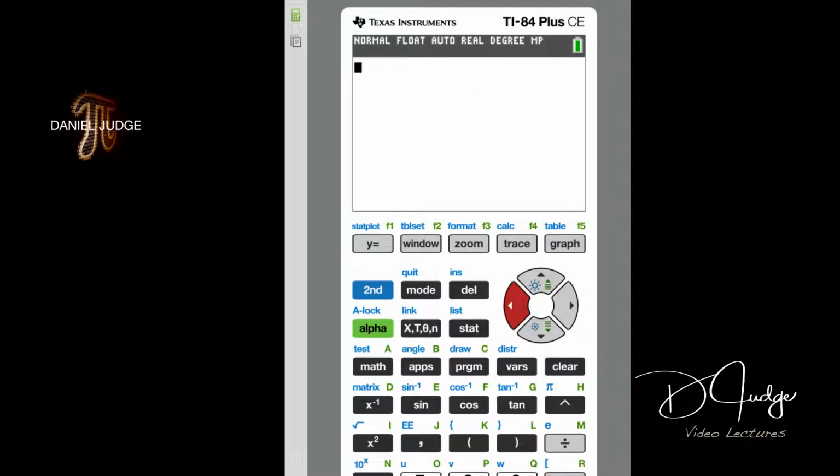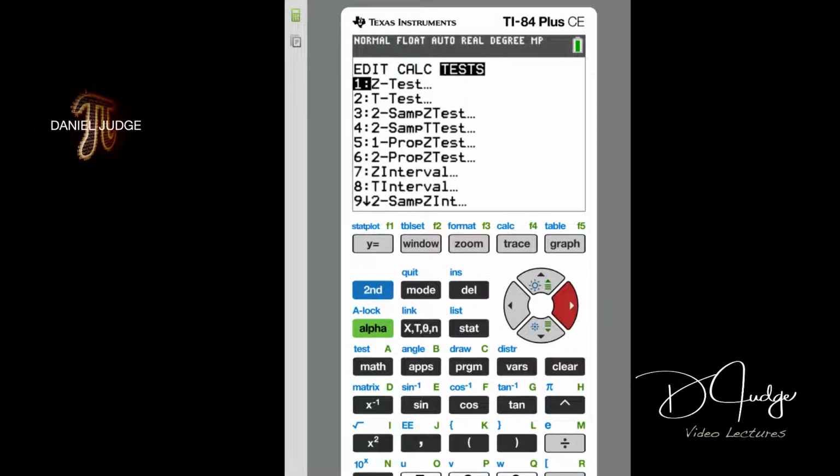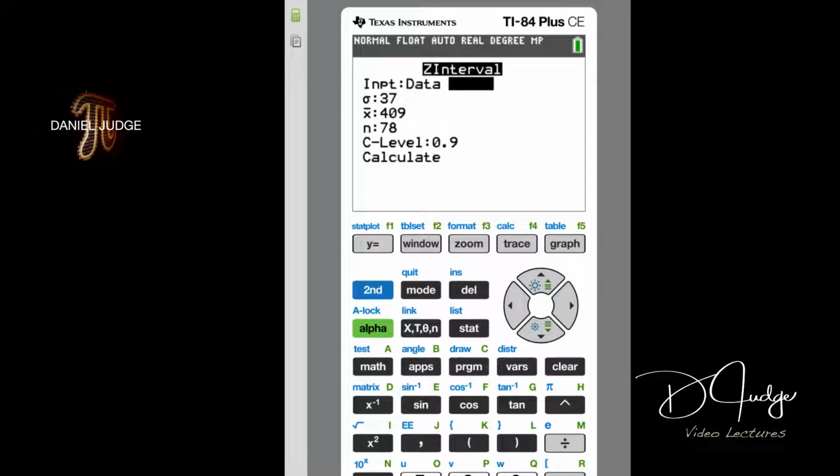So in the TI, we're going to say, okay, what do we do? Stat. Now this is test. This is going to be estimating a mean. So we're going to go to, again, number 7, Z interval. This is estimating a mean for a large sample. So we're on stats. Standard deviation is 3.6. Sample mean is 12.5. Sample size is 73.